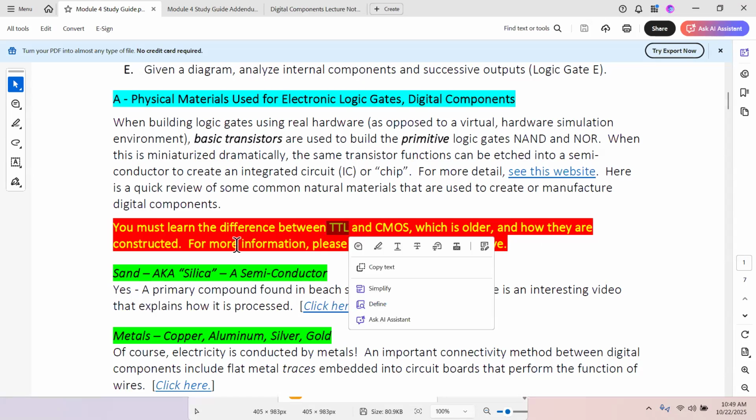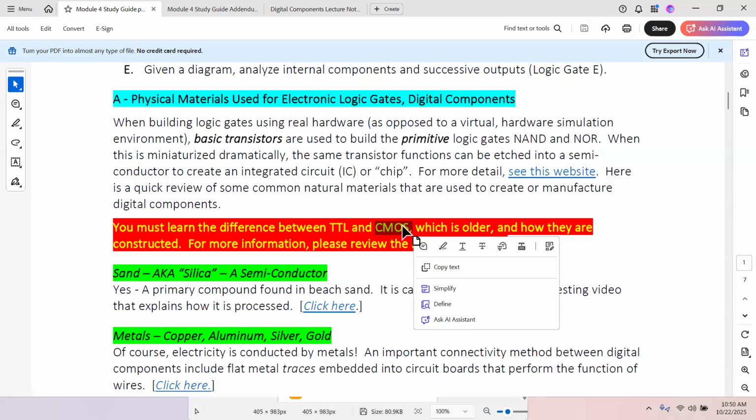One of the most important things to understand about the shift from using TTL components, those are the earlier components, to CMOS, and it's explained down in here about what that acronym means, is that the voltage and power requirements are greatly reduced. So the early materials required more power, just as tubes required lots of ventilation for the heat and ginormous amounts of electricity, right?